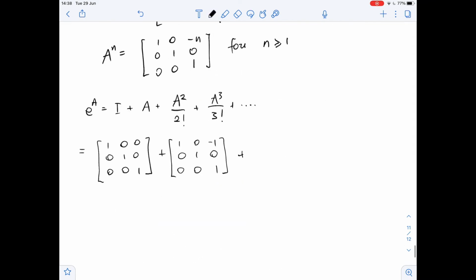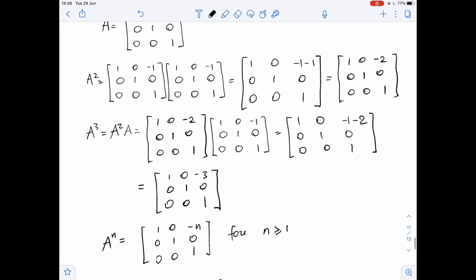plus 1 over 2 factorial times A squared.